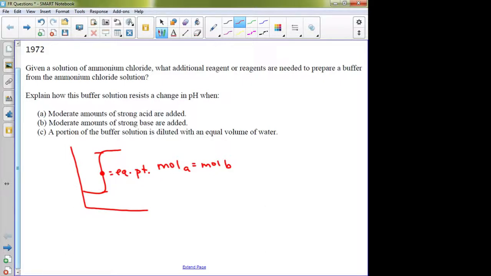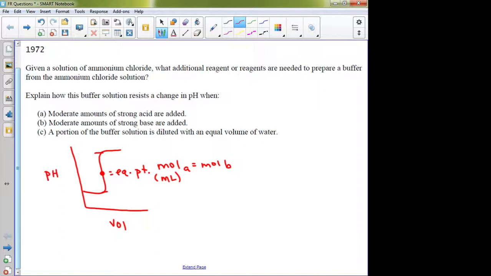So at the equivalence point, we have a certain volume that we added, right? We added a certain volume to get to the equivalence point, and that's listed across the bottom, volume, and then our pH is listed at the side, all right?